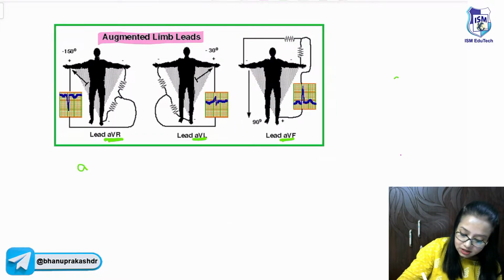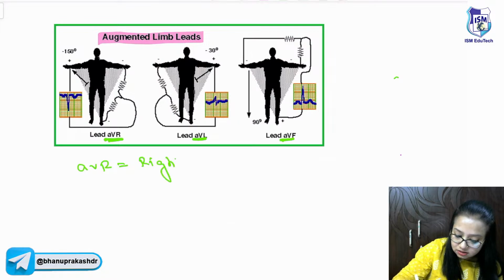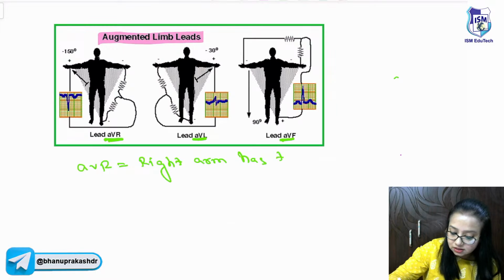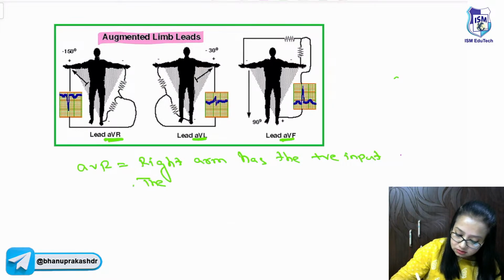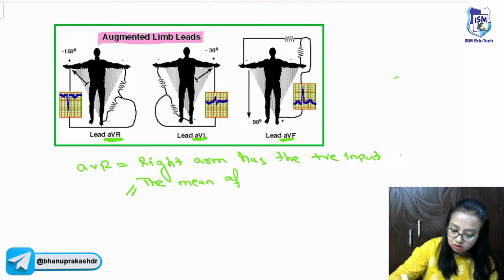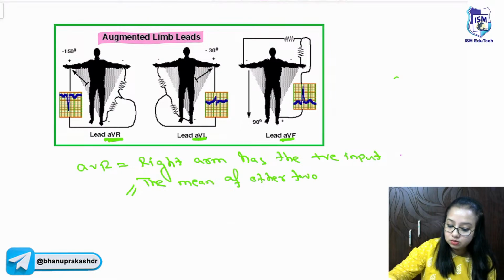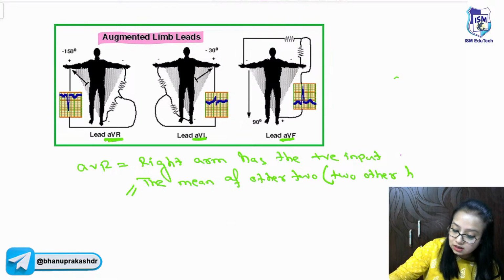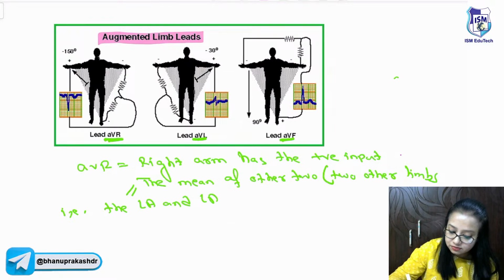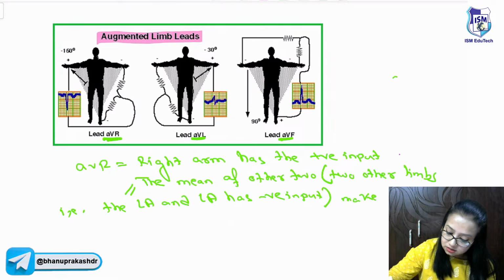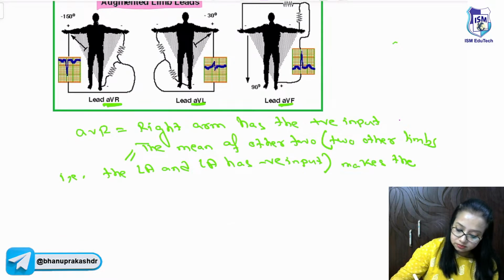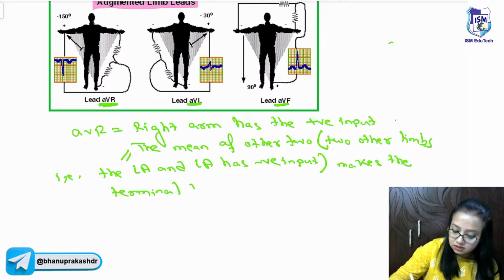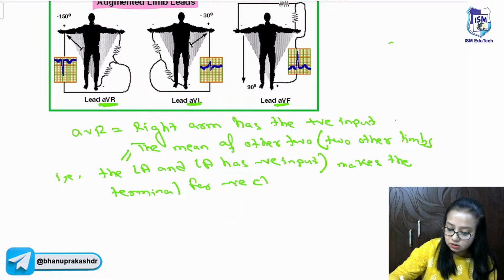In AVR, the right arm has the positive input, and the mean of the other two limbs, that is the left arm and the left foot, has negative input, making the terminal for the negative electrode.